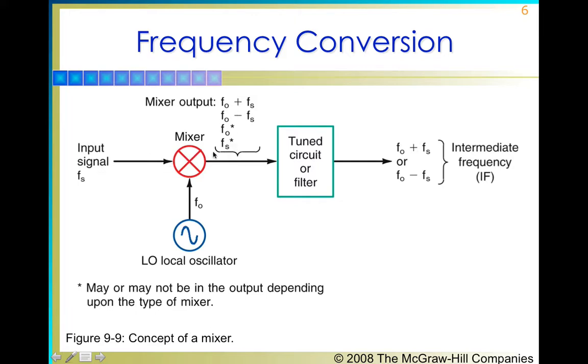One is the original input signal, the other one is the original local oscillator signal, and then the other two signals are the sum and difference of these two signals. And then we have a tuned circuit or a filter, whose purpose is to select from these signals one signal, which is the intermediate frequency signal. So this is the concept of a mixer explained by this diagram.